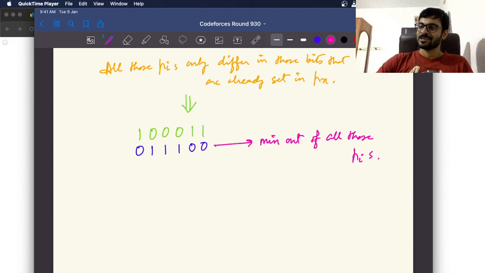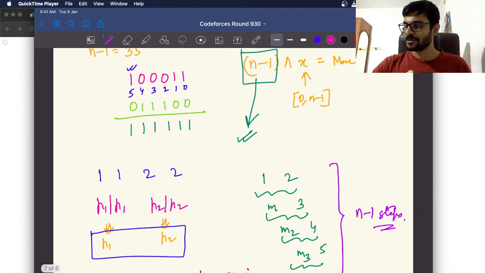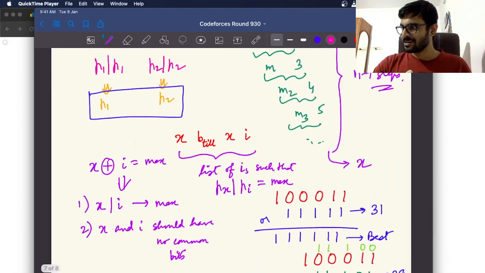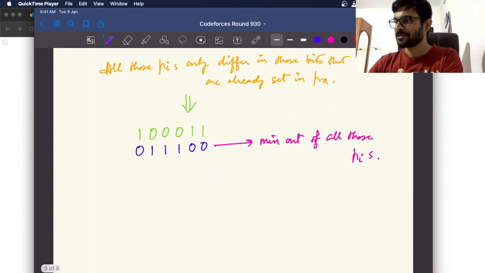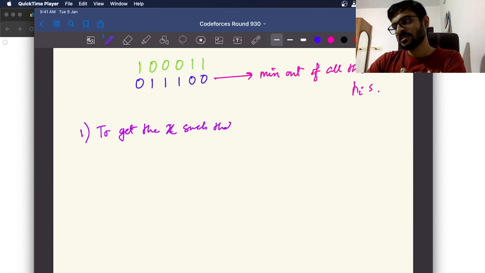And so, in order to find this list of i's, my first step was definitely to get the x such that PX is equal to n minus 1.